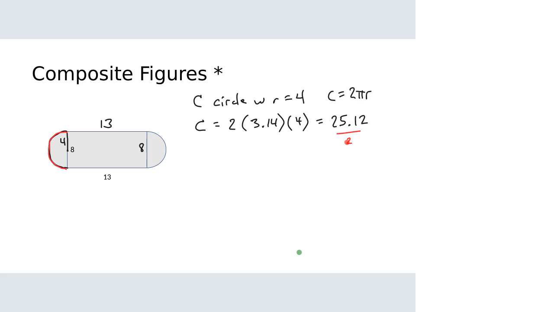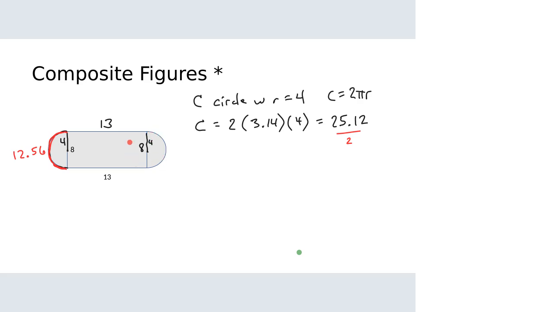And so what I just found out is that the length of this curve right here, we might call it an arc if we were being very specific, but the length of that curve is 12.56. Now, we could go through the same process on the other side, and we could say, okay, if the diameter is 8, then the radius is 4.